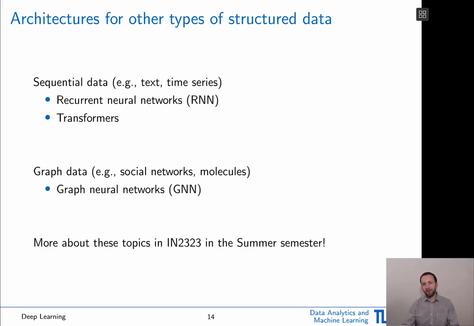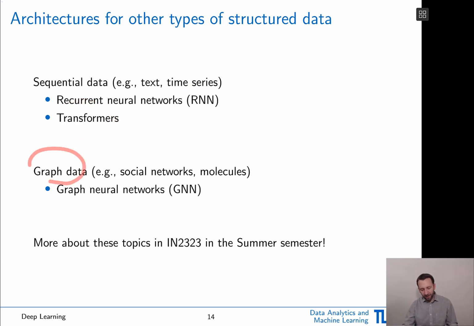And as you have seen, these are specifically suited for images because they have this natural view of having a sliding window which extracts reasonable features like edges or taking averages of pixel values and so on and so forth. And as said, for other kinds of data, there are also other kinds of components we can use. So as we said already, for text and time series, we can use RNNs or transformers, which are based on the ideas of attention.